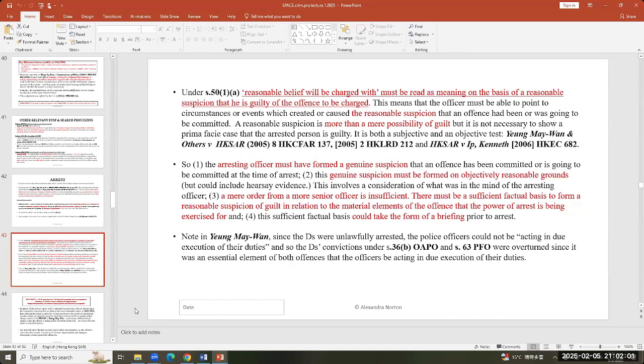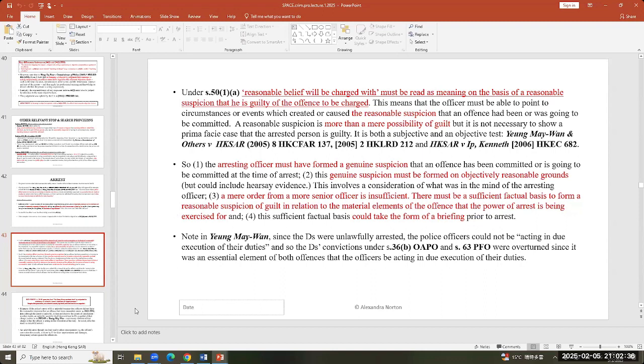So the question for the Court of Appeal and the Court of Final Appeal was, what do we mean by this reasonable belief that an offender is going to be charged with something? Because in the Court of Appeal, their convictions for obstruction in respect of their original protest were actually quashed. So all that then remained was the later charges of resisting arrest and obstruction of a police officer in due execution of the duty.